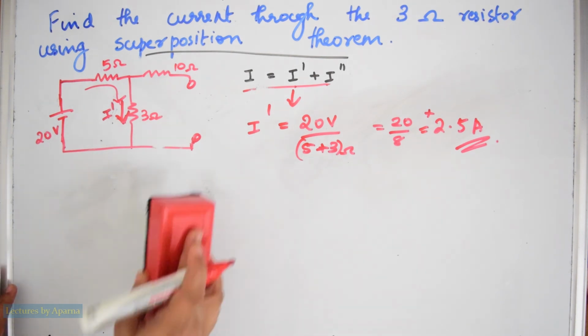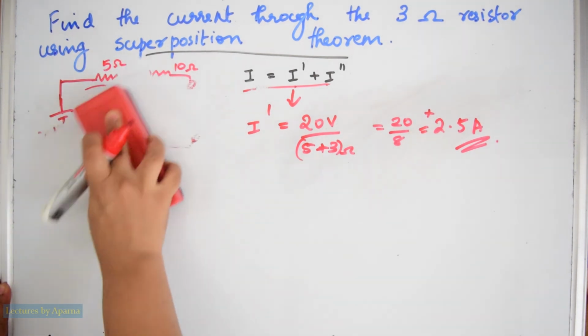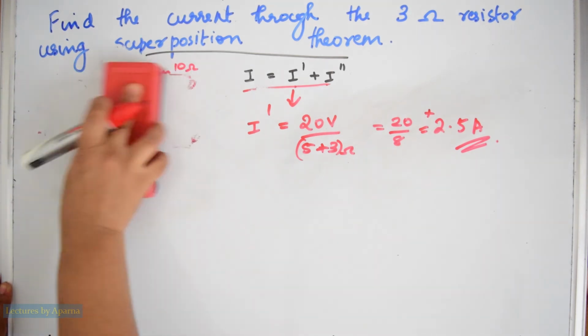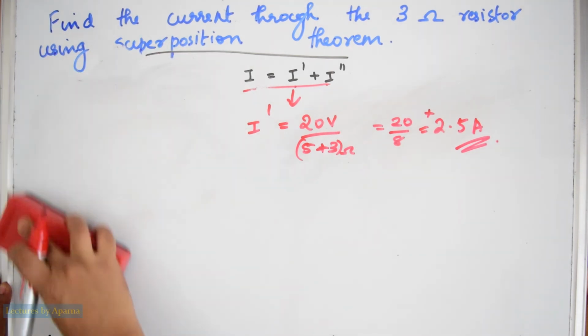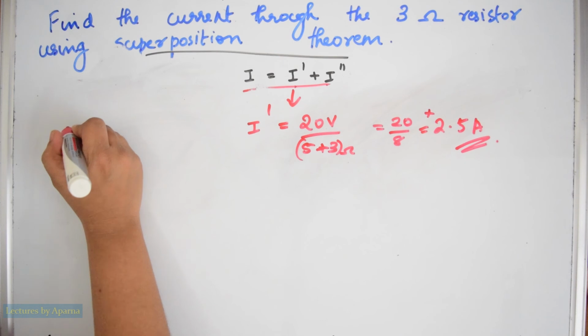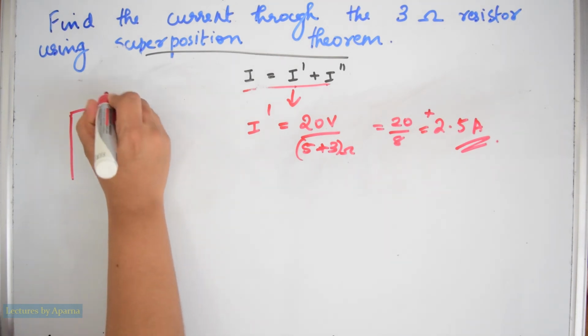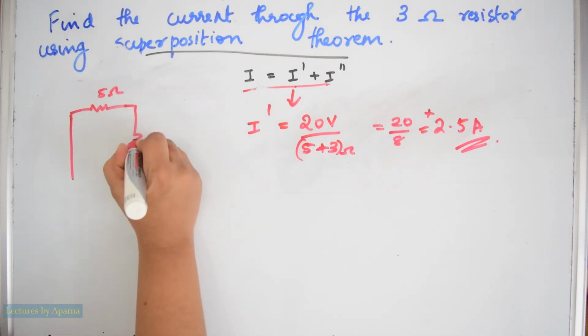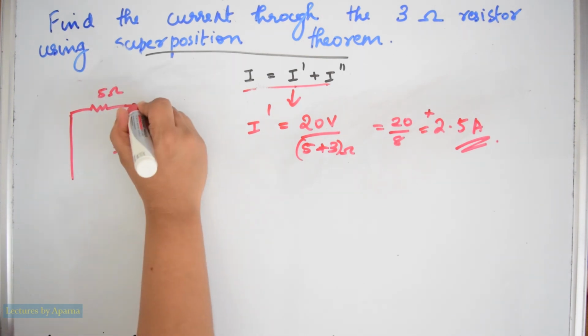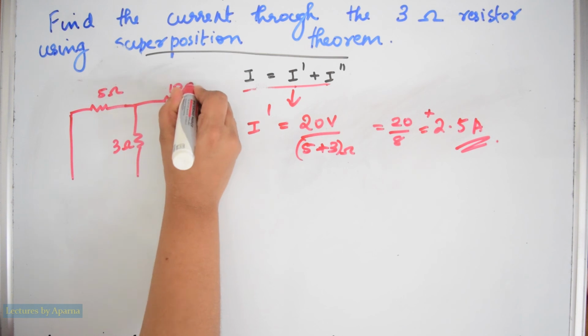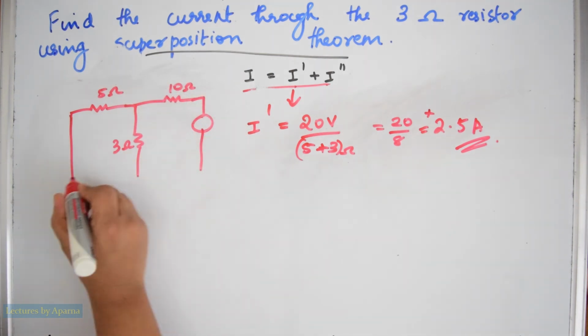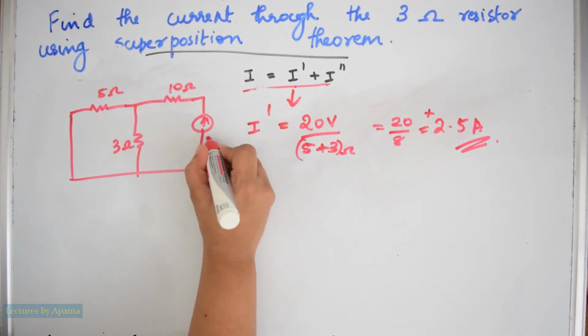Now let's consider the other case, when the voltage source is short circuited. I'll draw the circuit here. The voltage source is short circuited. We have the resistances 5 ohm, 3 ohm, 10 ohm, and the current source 5 ampere.